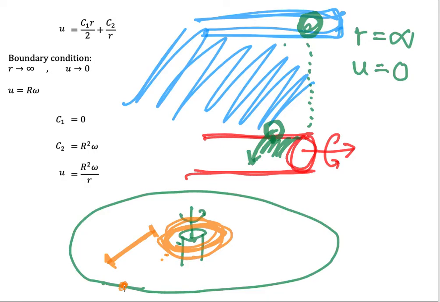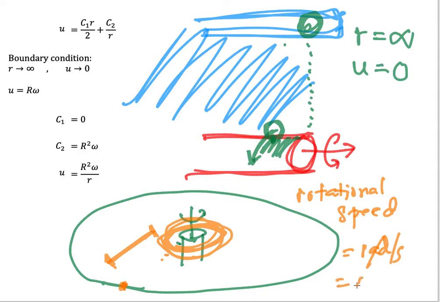Another thing that you should know is that we are talking about rotation, so we use rotational speed. Rotational speed can normally be expressed in radian per second or RPM. Both of these units reflect the rotational speed.